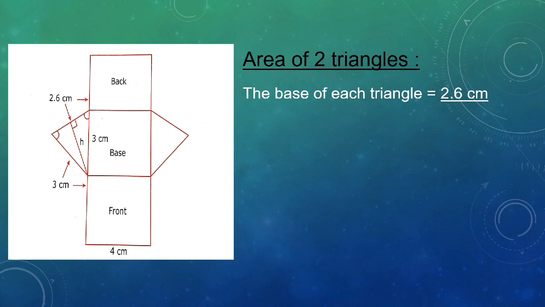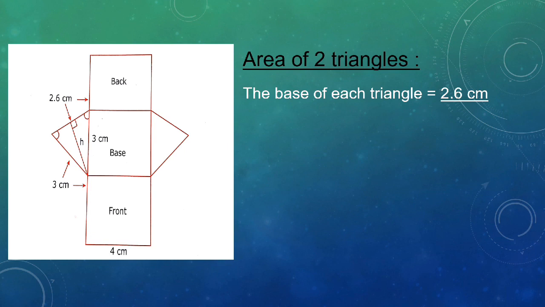Okay, this one, we have the hypotenuse is 3 centimeters and the adjacent is 2.6 centimeters. So meaning we will find the other adjacent. Okay, we will use the formula a squared is equal to c squared minus b squared.